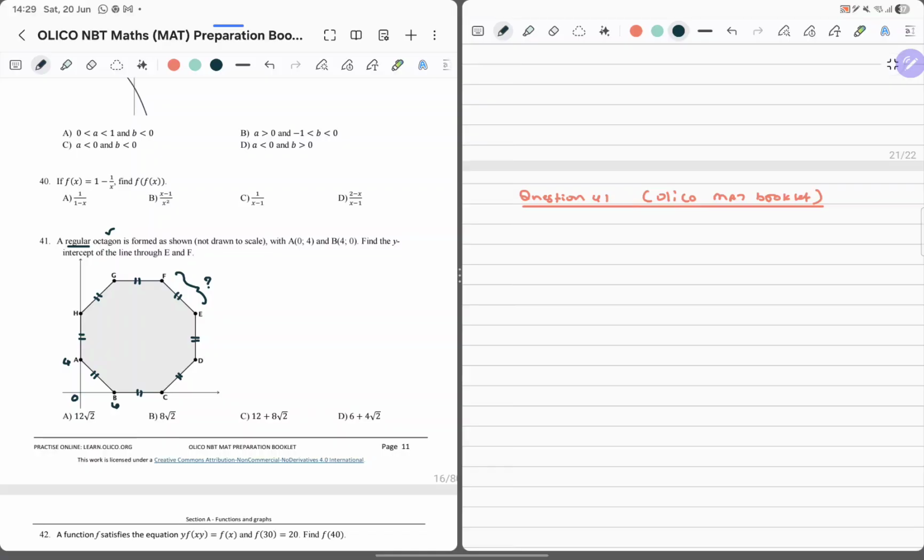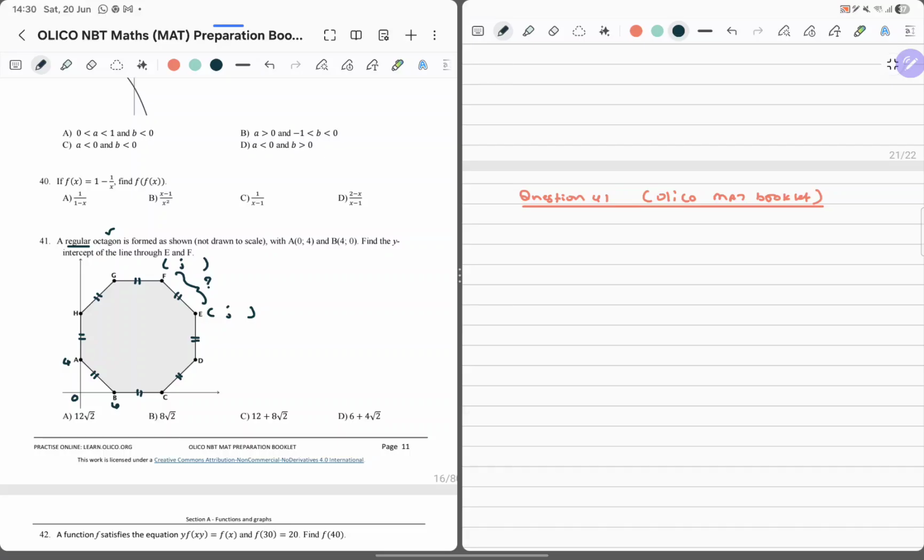So obviously we need AB, because that's the distance of each side. So we first need the distance AB to find some things that we need. Does it help us at all? Yes, it will help us to locate the coordinates of E and F.